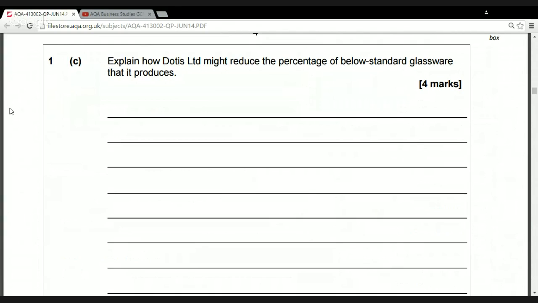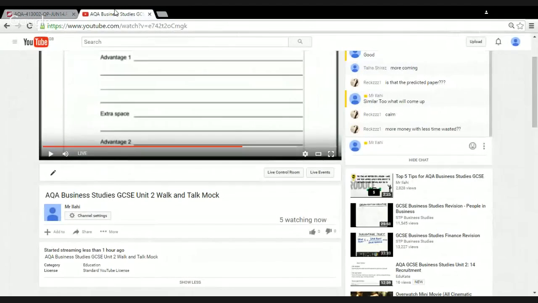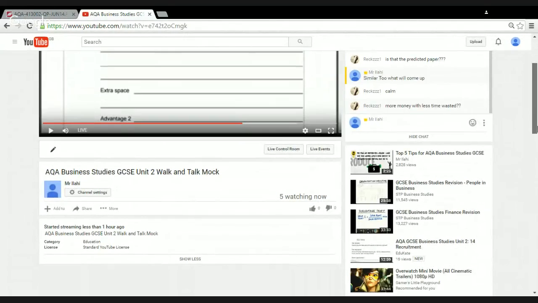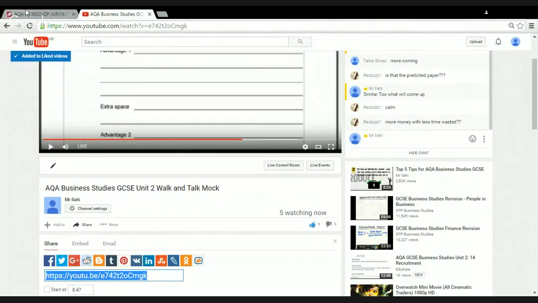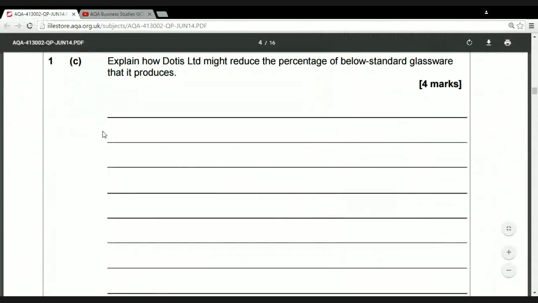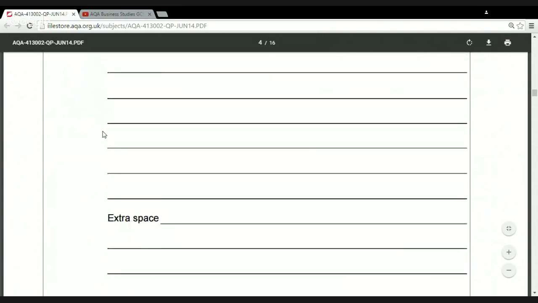Okay, that would be something that could be a maximum level 3 response. So that would definitely be something worthwhile. Okay, so we've got those as the 4 marks.